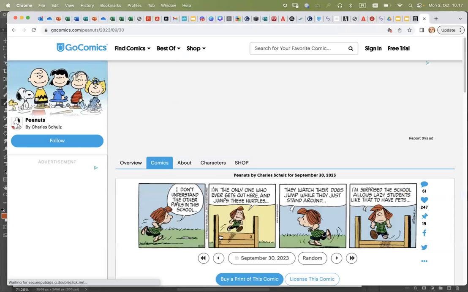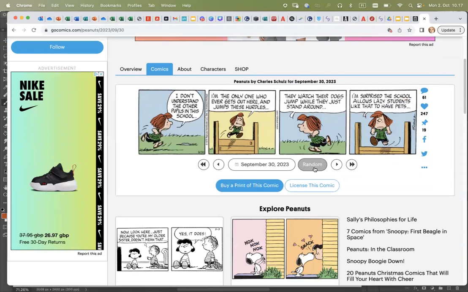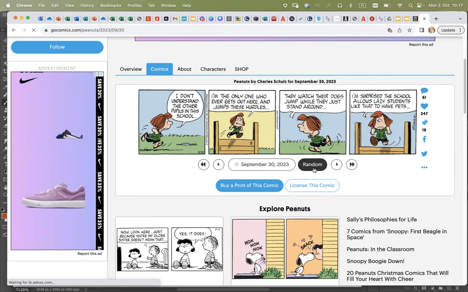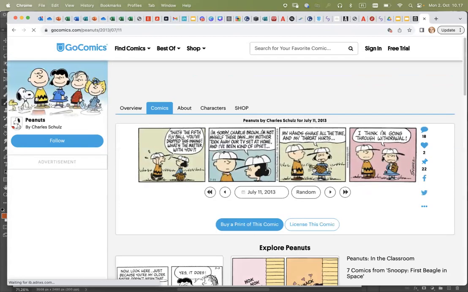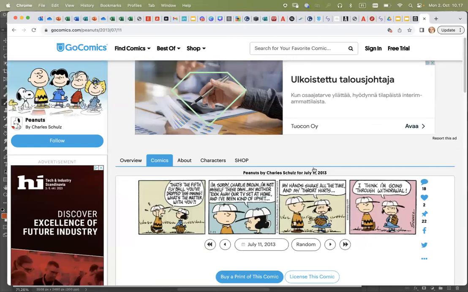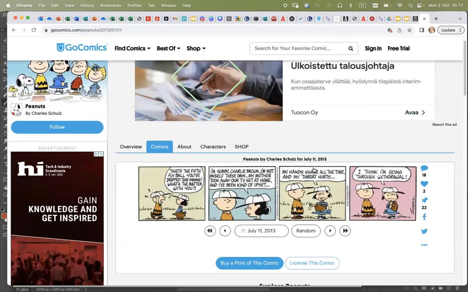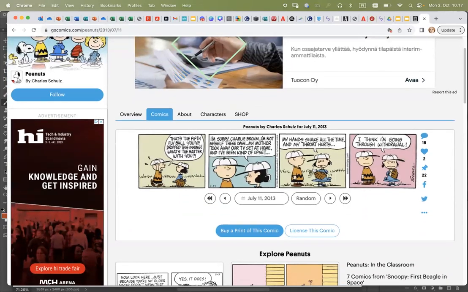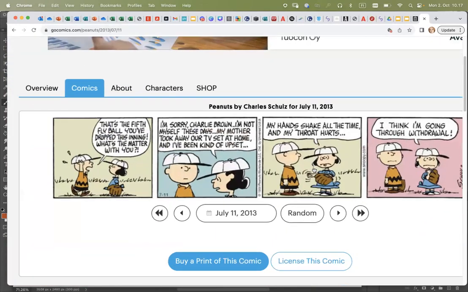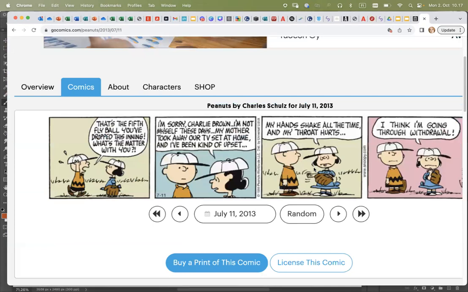So here's Peppermint Patty in the dog obedience school. So let's take a random strip. Let's see. So here we have Charlie Brown and Lucy. So their relationship is also always in some sort of imbalance.